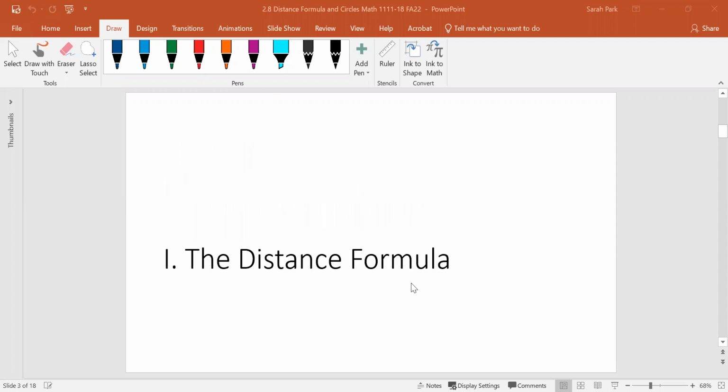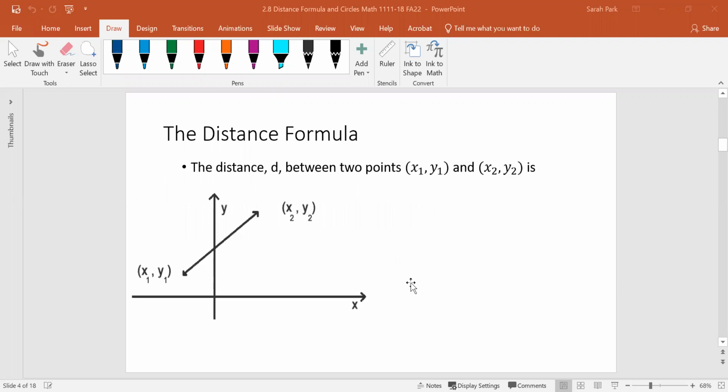Okay, let's first take a look at the distance formula. The distance formula is used to calculate the distance between any 2 points, x1, y1, and x2, y2. So if you have these 2 points, here's x1, y1, and x2, y2. What we can do is use the idea from the Pythagorean theorem, where if you have a right triangle, I'm going to make a right triangle here.